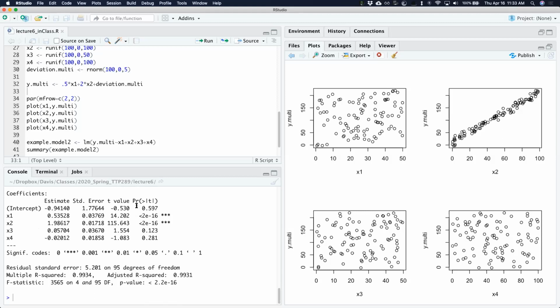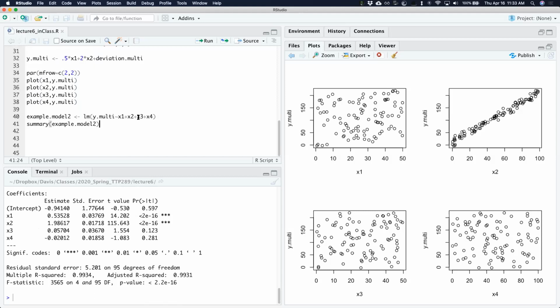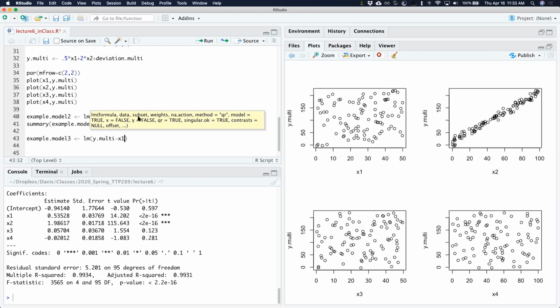And so that's the example of the multivariate. But as we go down our list of diagnostics, I also want to show another example really quick. What happens if we only do a regression on the variables that we know are part of the model?